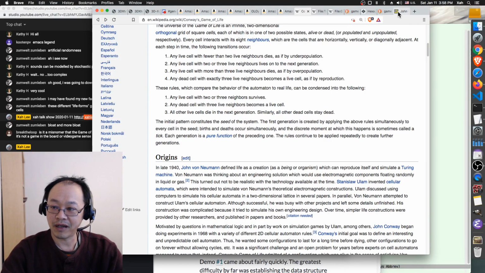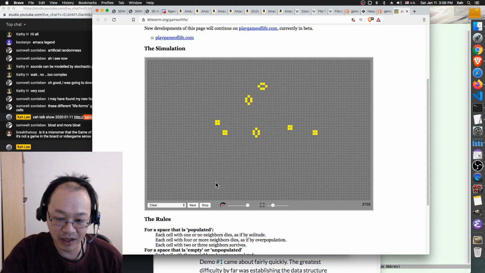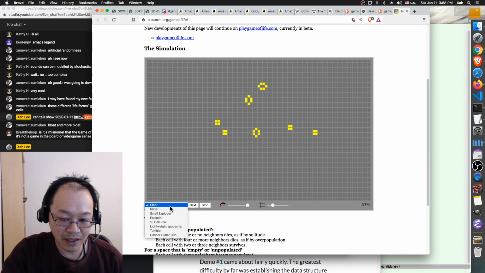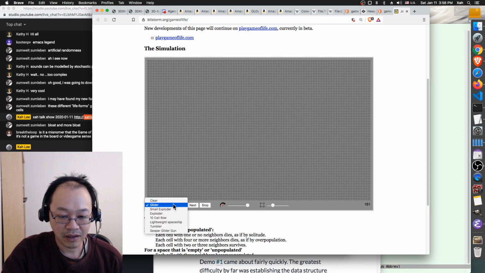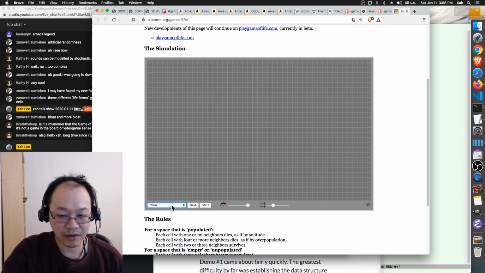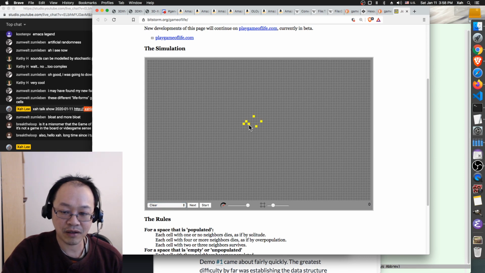Okay, so anyway, you have to play with this. Let me clear a bit more and show you. Glider. Okay, I don't care about glider. Clear, stop, clear. Okay, so I'm going to create a random pattern.